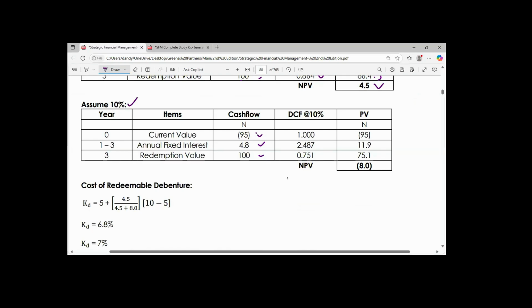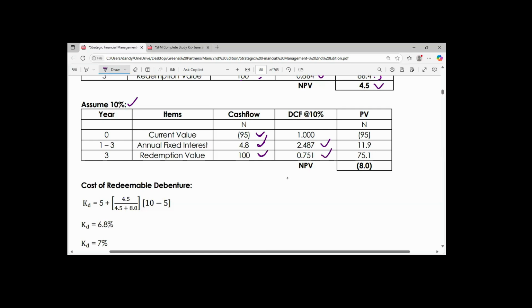So the cash flow remains as above. We need to calculate the annuity factor of year 1 to 3 at 10%. We got 2.487. The discount factor for year 3 at 10%, we got 0.751.